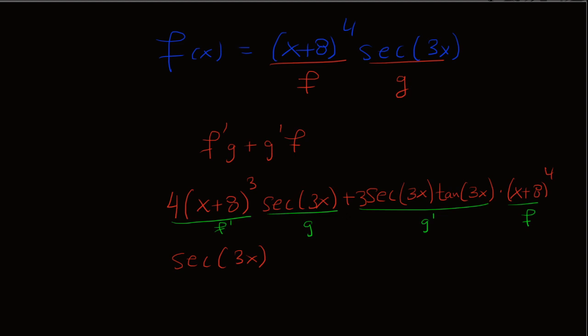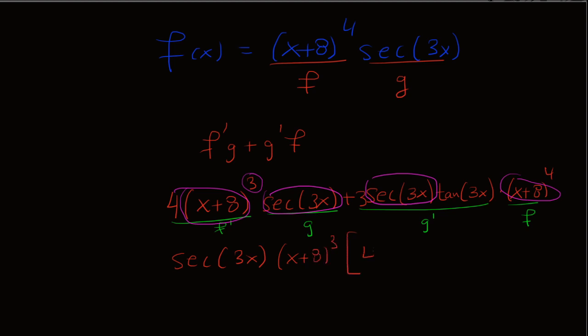And notice what they have in common is they have a secant 3x, and (x plus 8), but here you want to look at the smaller exponent. So the question is, is 3 smaller than 4? And the answer is yes. So we're going to factor out (x plus 8) to the third power.